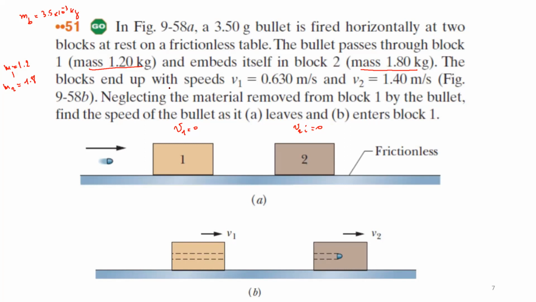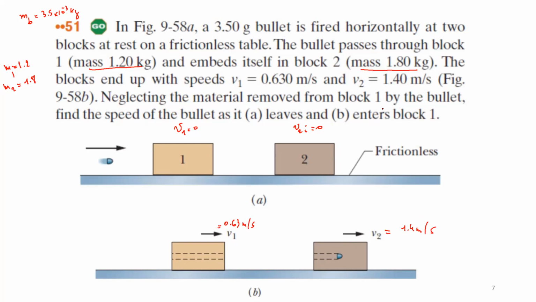So the blocks end up with speeds, here V1 is given, V1 is equal to 0.63 meters per second. And V2, which is this block, is given, which is 1.4 meters per second. So neglecting the material which is removed from block 1 by the bullet, find the speed of the bullet as it leaves and enters block 1.